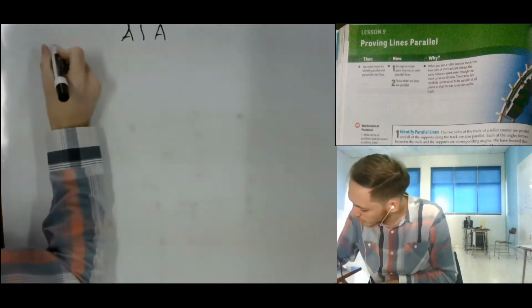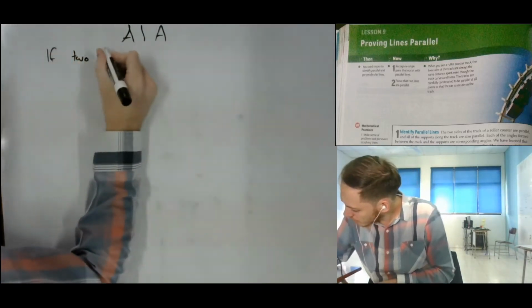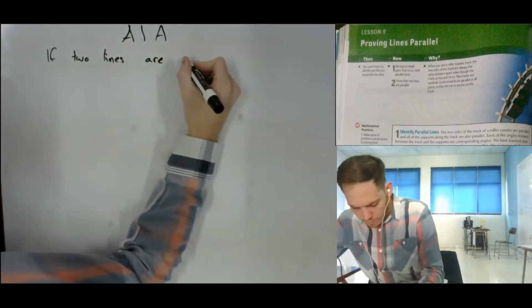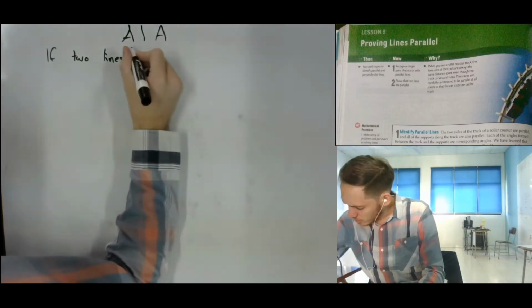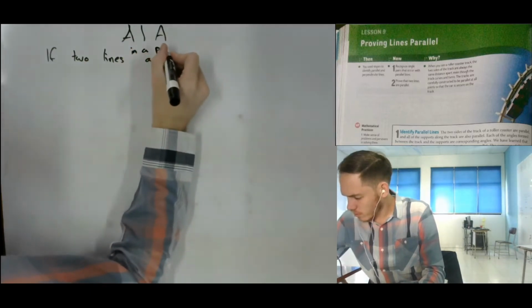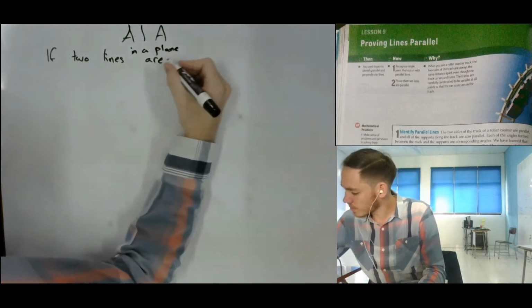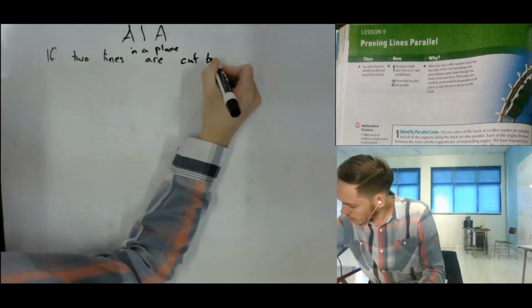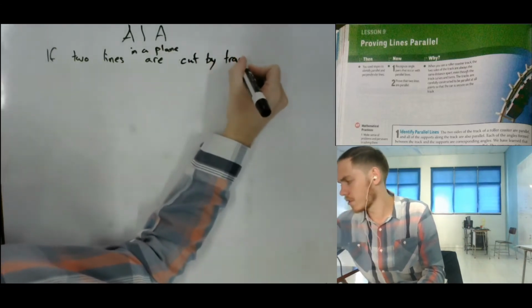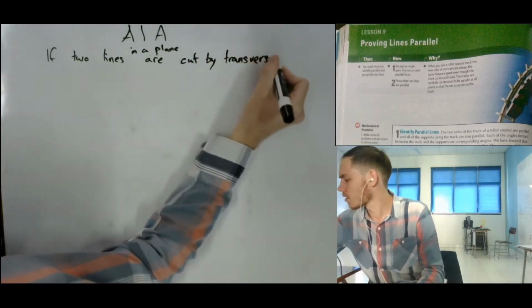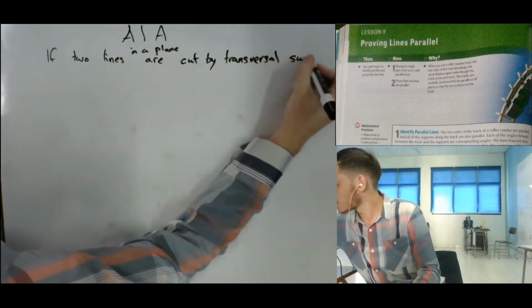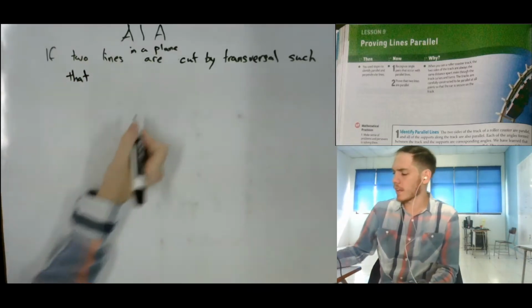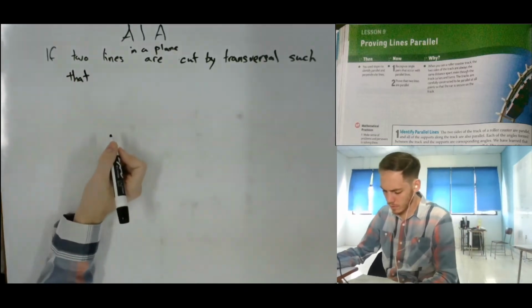So if there are two lines in a plane cut by a transversal, such that, okay, I'm actually going to list all of them.